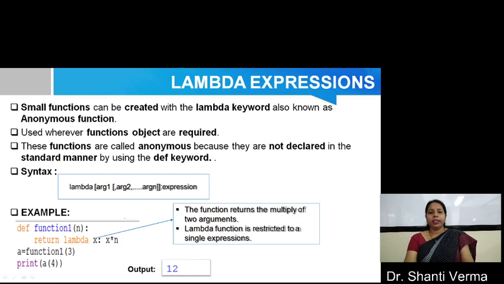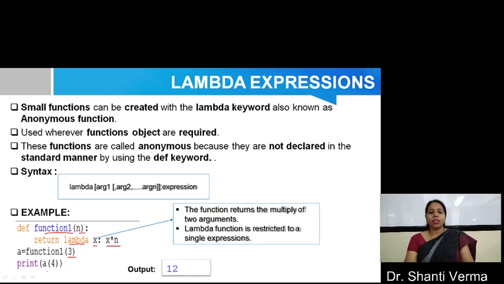In this example, you can see that I declare one function, function1, with parameter n, and in returning I write lambda x colon x into n. This means if I pass x to the lambda function, it returns x times n. So first I call function1 and I pass the value 3, so the value of n equals 3.